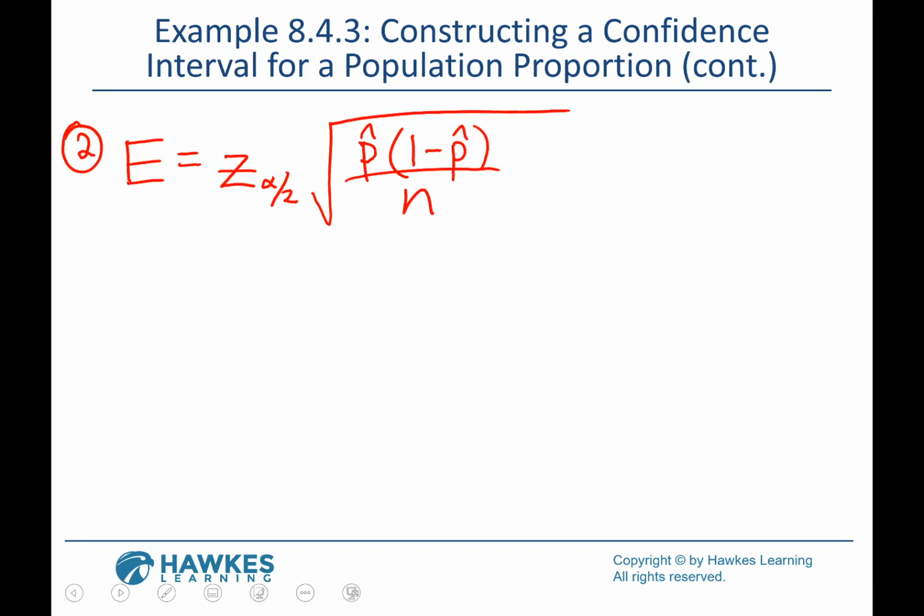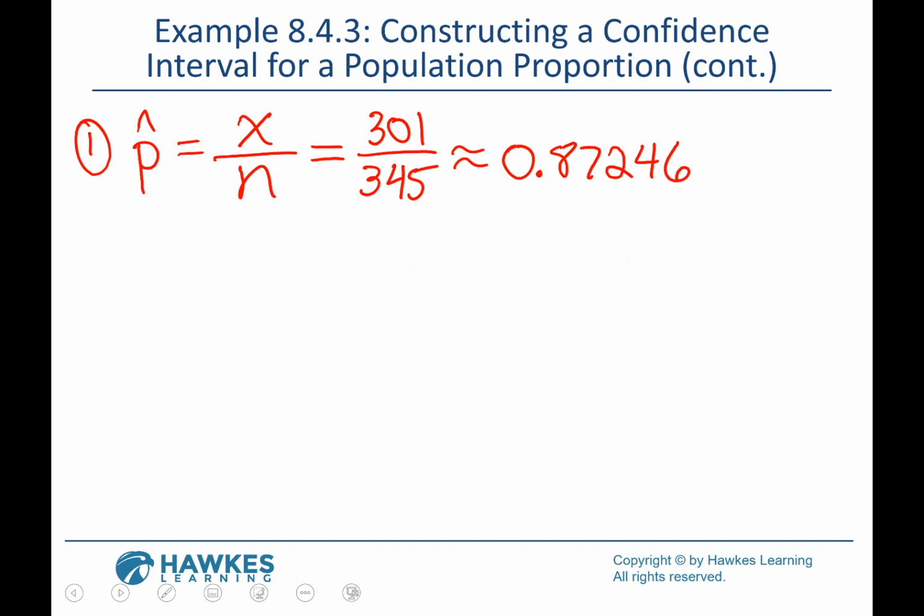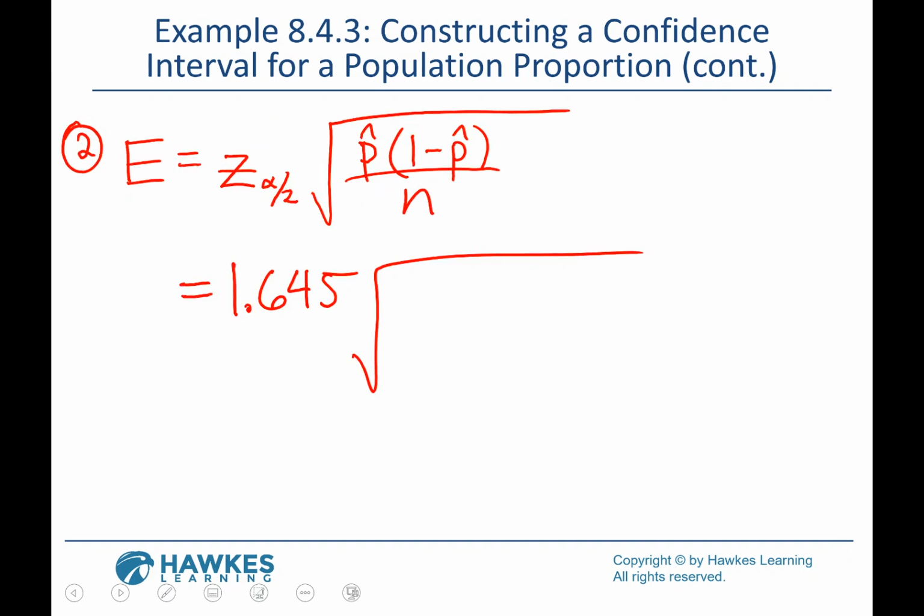So we've got 1.645 times the square root of p hat, which was 0.87246.